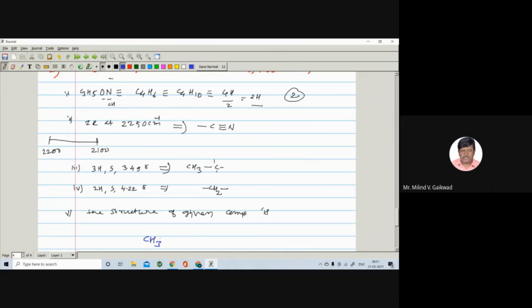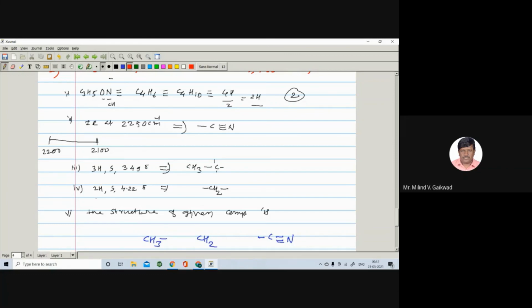Then it has CH2, and also it has cyanide, right? So you have to put one more, that is the oxygen. How many carbons are there? 3 carbons. 1, 2, 3. Okay, 3 carbons are there. 1 nitrogen. Only the oxygen remains.